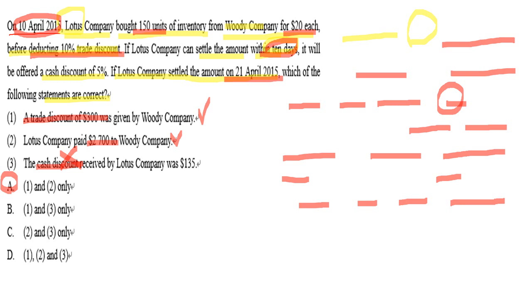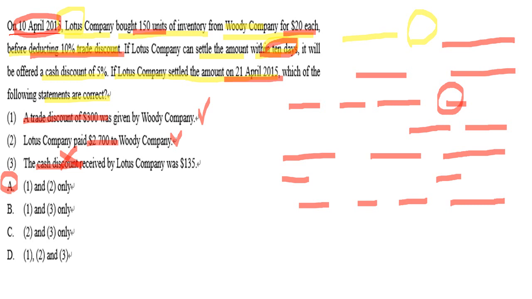Question. On the 10th of April, a local company bought 150 units from another local company at $20 each, before a trade discount of 10%. We know that the trade discount is used to encourage purchase, having a large amount of purchase from the suppliers.